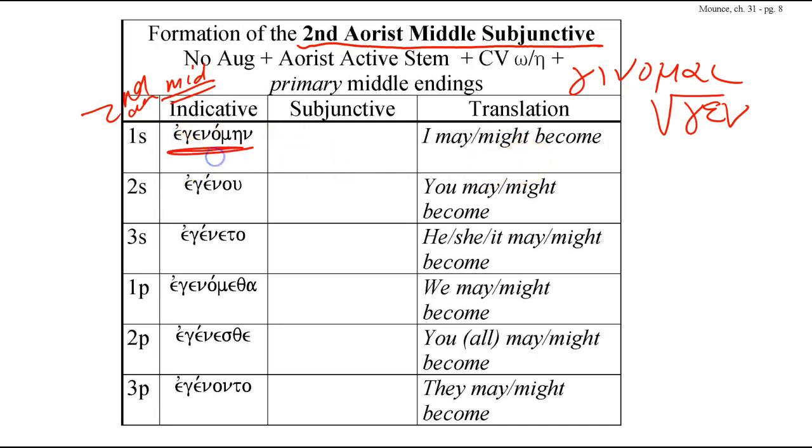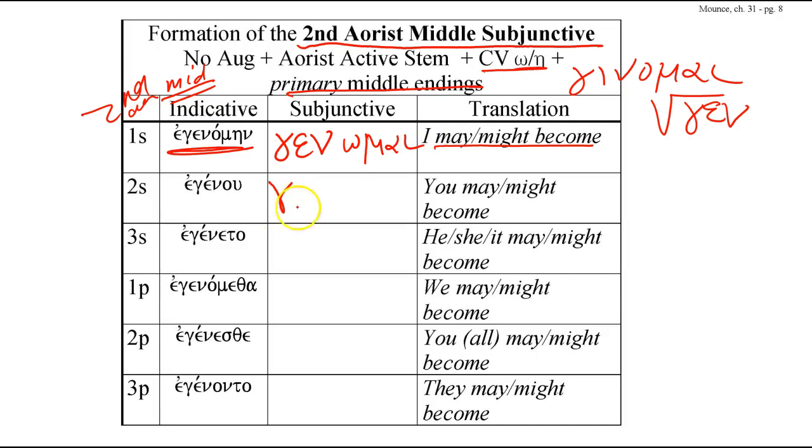So if this is I became, how do I say I may become? There's no augment, I take gen, and then I add the subjunctive middle endings with the connecting vowels. This is genomai.